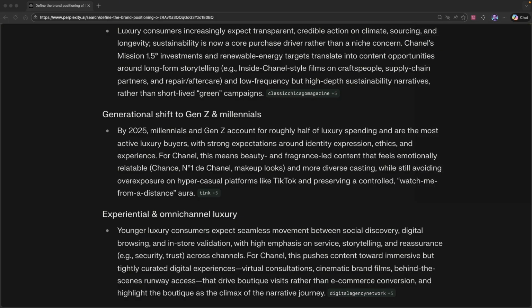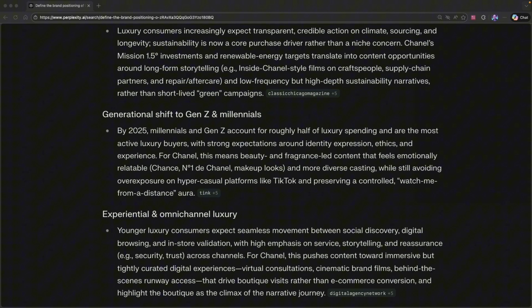Next trend is Gen Z. Yes, we use a digital platform, but read this carefully. Drive boutique visits rather than e-commerce conversion. This is a critical distinction.